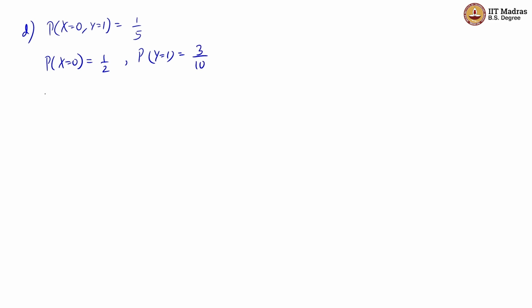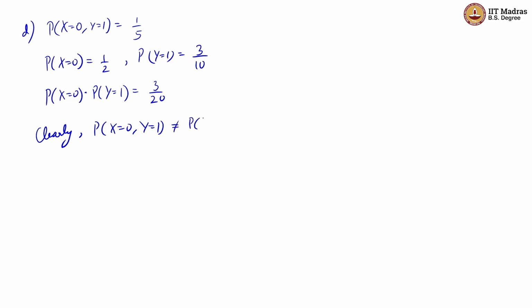So the product of marginal here is equal to 3 by 20. So clearly the joint here is not equal to product of marginal.